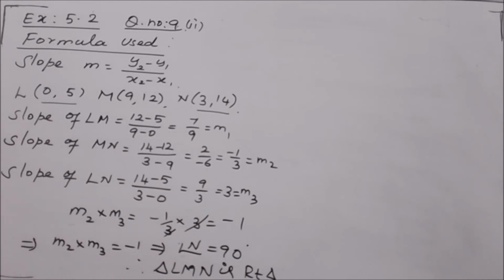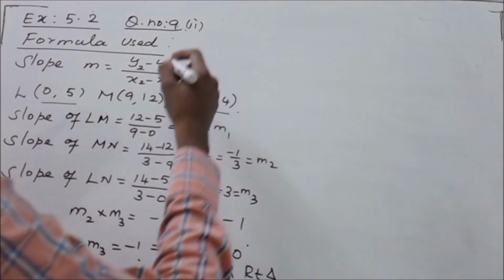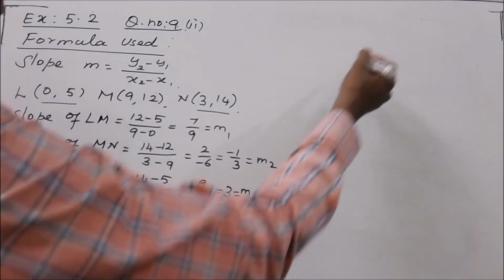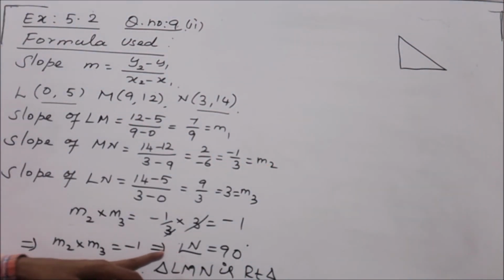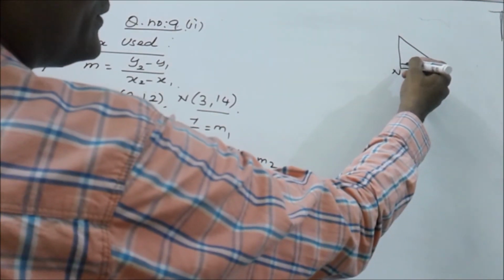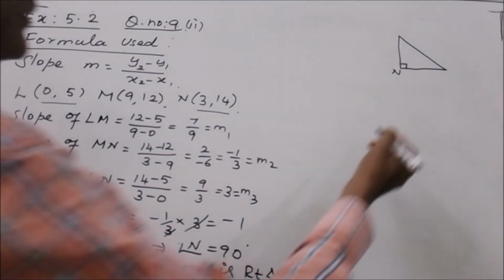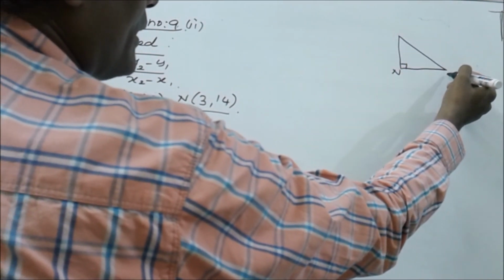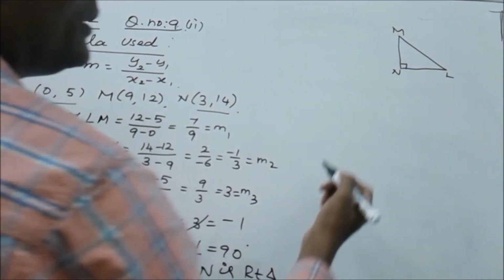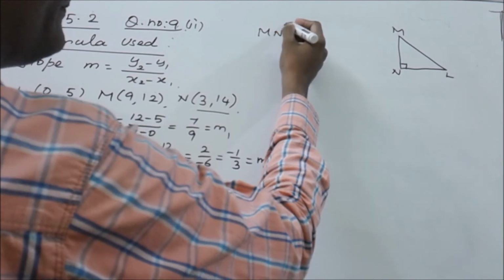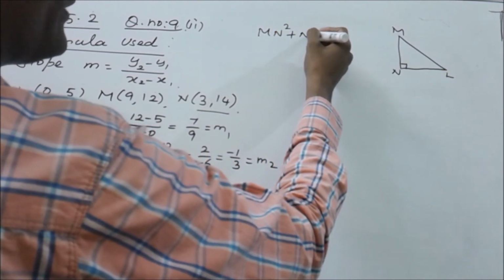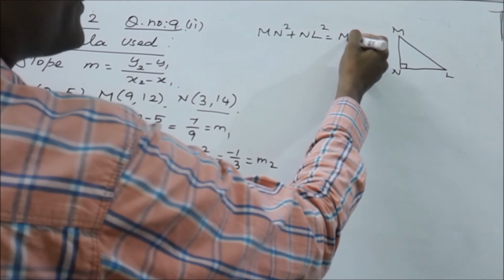Here we check it by the method of Pythagoras theorem. For the Pythagoras theorem, we will draw a particular triangle. Angle N is 90 degrees, so put N here, and then take the other two points, L and M. Now we should find by Pythagoras theorem MN square plus NL square equal to ML square.